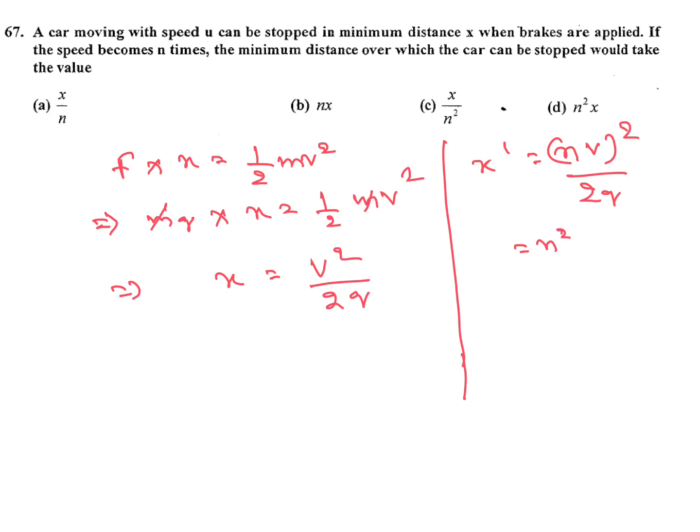It's n square into v square by 2g. It's n square into x. x we already got, v square by 2g. So from the options, the car can be stopped, would take the value n square into x. D is our answer.